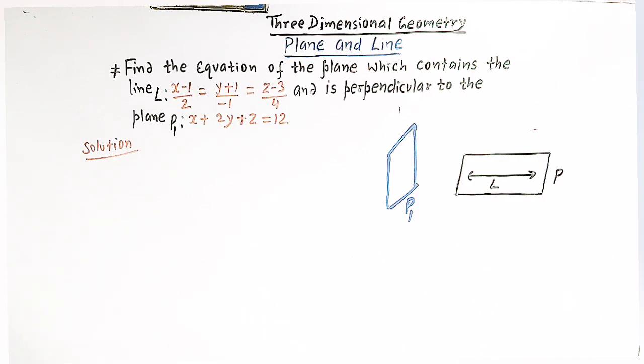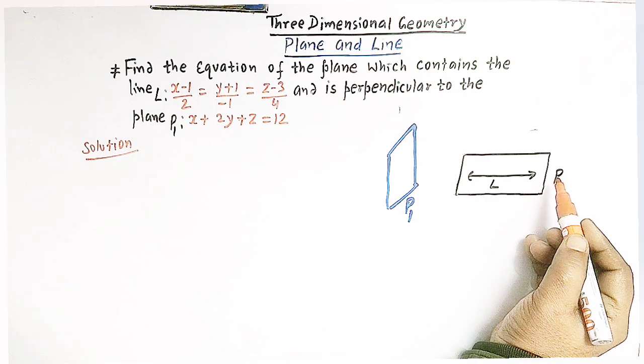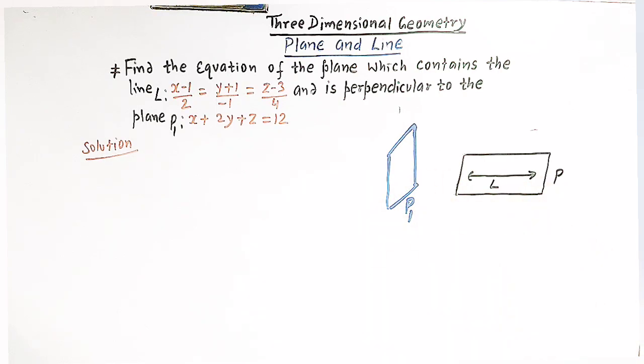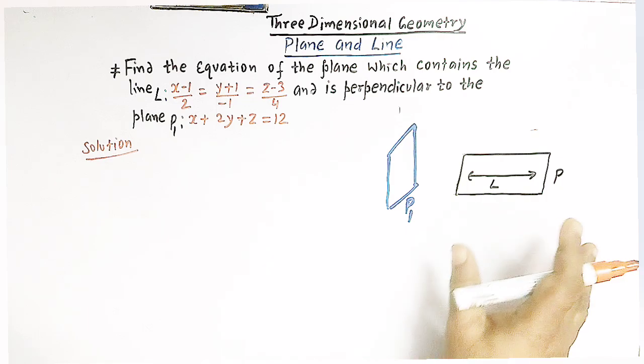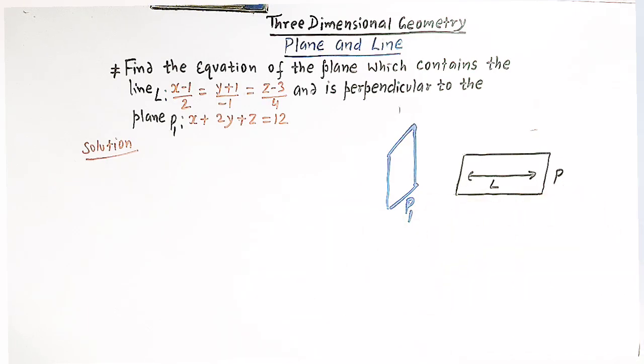Two planes are said to be perpendicular to each other if their normals are at right angles. When two planes are perpendicular to each other, it implies that the angle between their normals is 90 degrees.